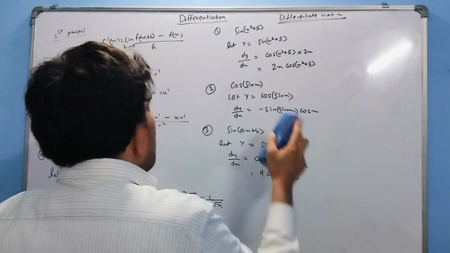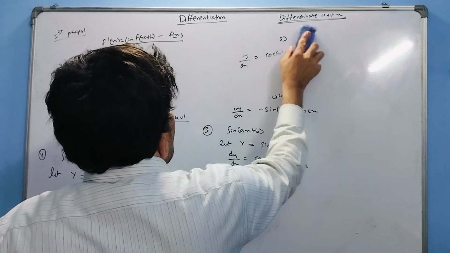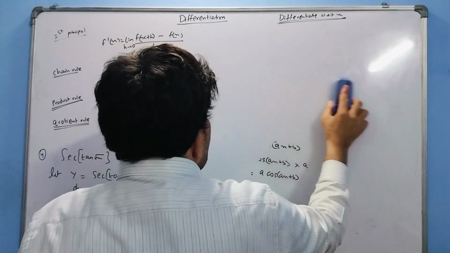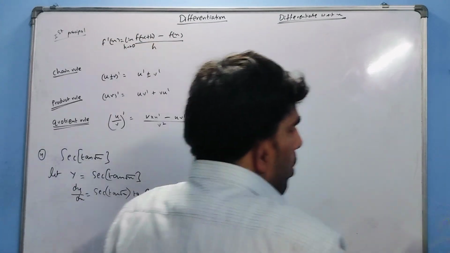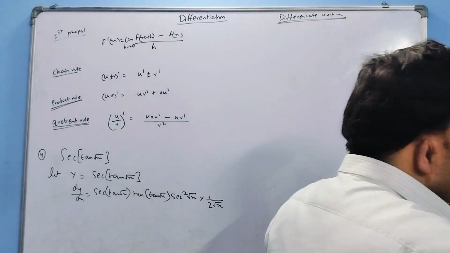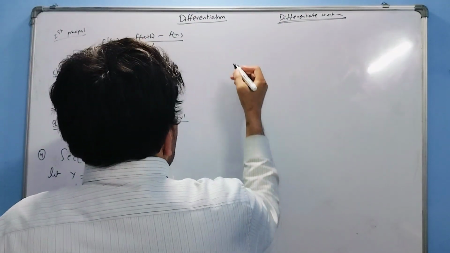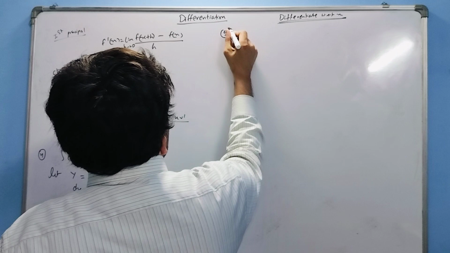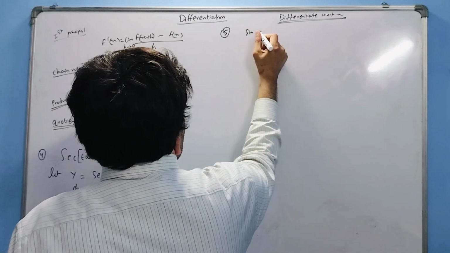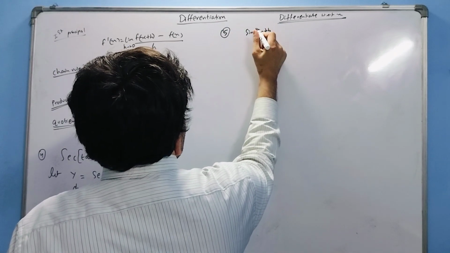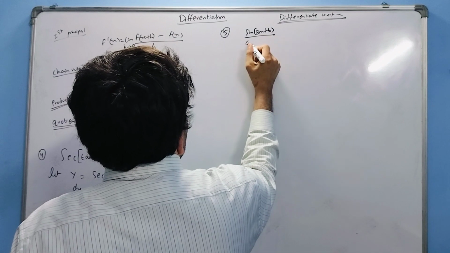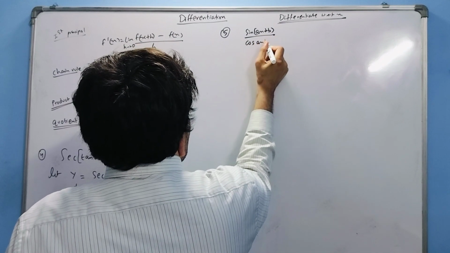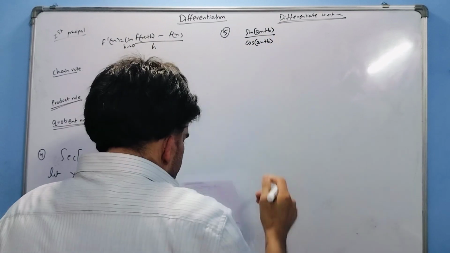Now we have solved 4. Let's move on to the fifth one now. What does the fifth question say? The fifth question is sin(ax plus b) upon cos(cx plus d).